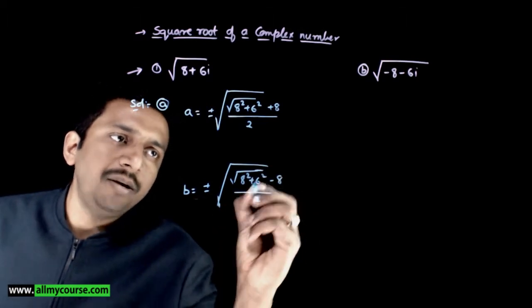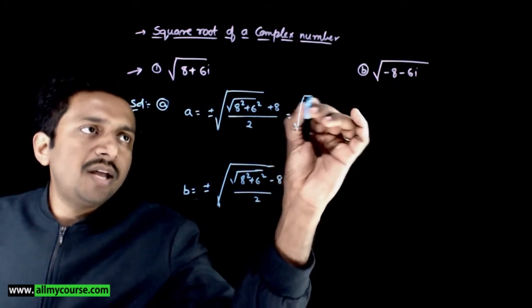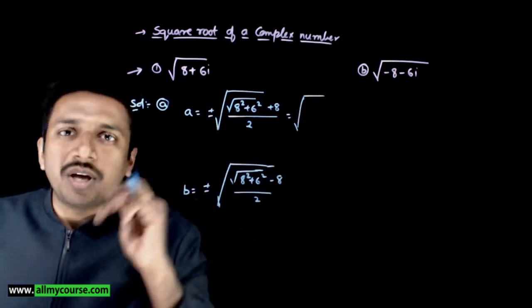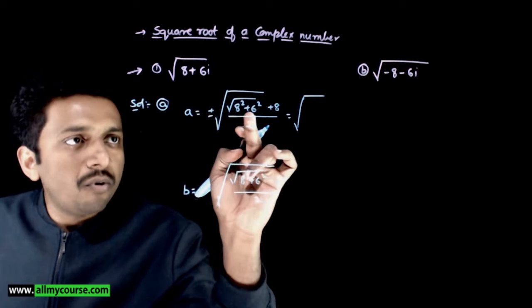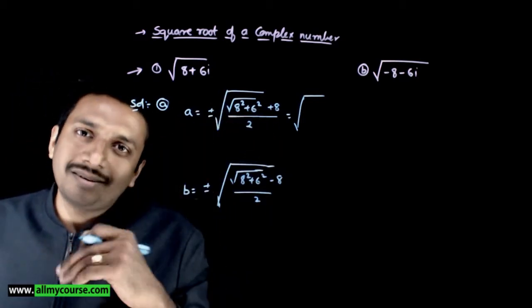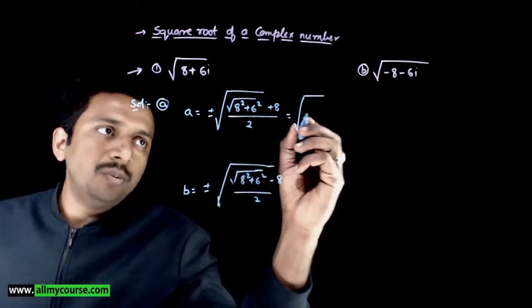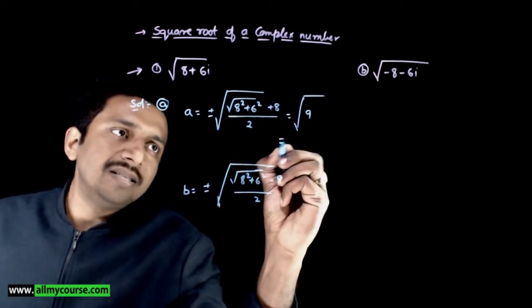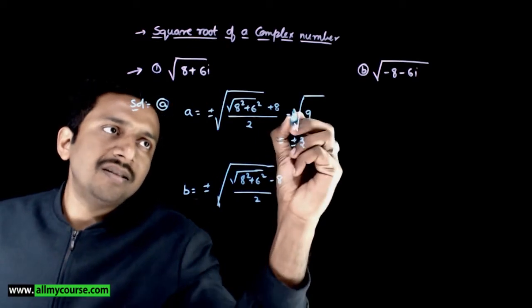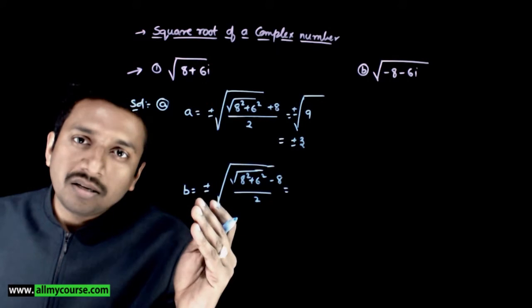So that is equal to square root of (8 square plus 6 square, 64 plus 36, 100, square root of 100, 10, plus 8, 18) by 2, which is 9, that is equal to plus or minus 3. And what is b?